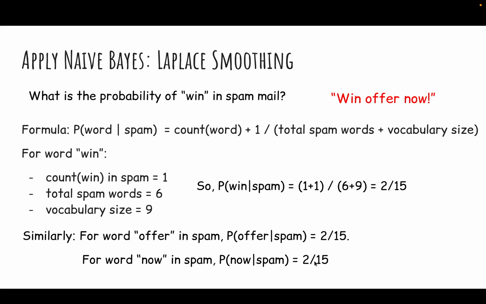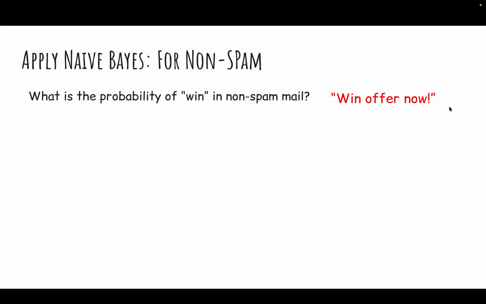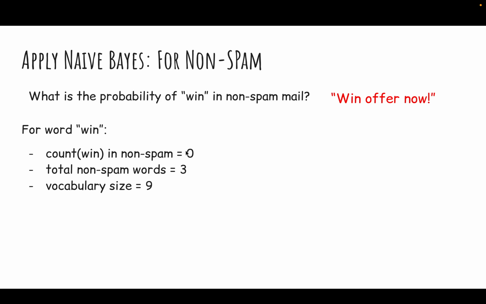Now similarly, we have to identify whether these words appear in non-spam as well. So what is the probability of the word win in non-spam mail? We know that win appears 0 times in non-spam mail. So the count is 0, total non-spam words are 3 and vocabulary size is 9.